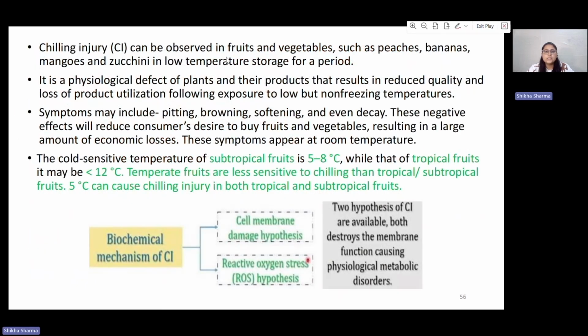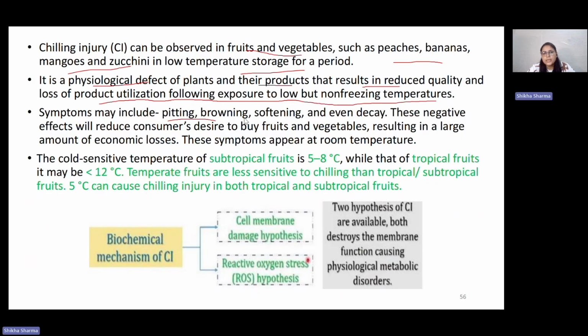So the chilling injury can be observed in fruits and vegetables like peaches, bananas, mango, zucchini, etc. at low temperature when they are stored for some time. It is basically a physiological defect in the plants and the products that results in the reduction in the quality and loss of the product utilization following exposure to low but non-freezing temperatures.